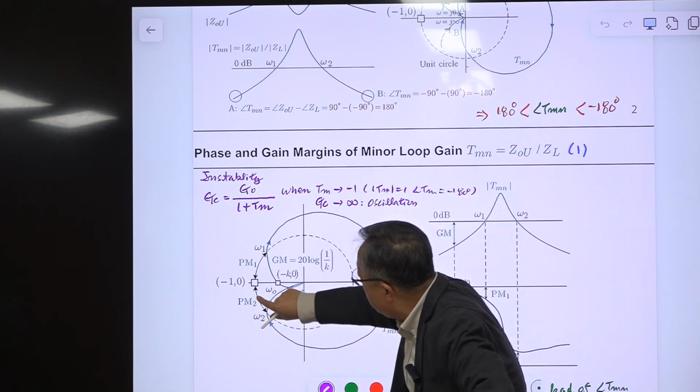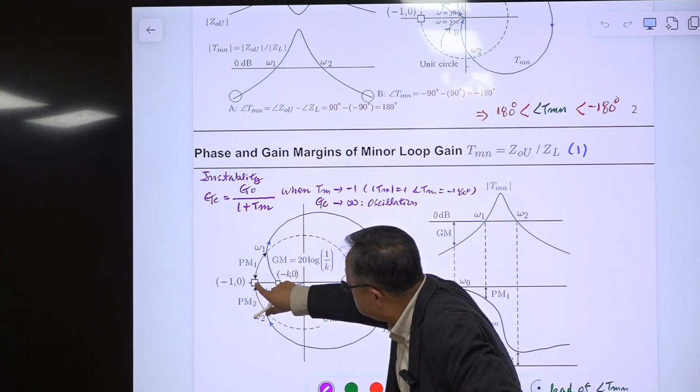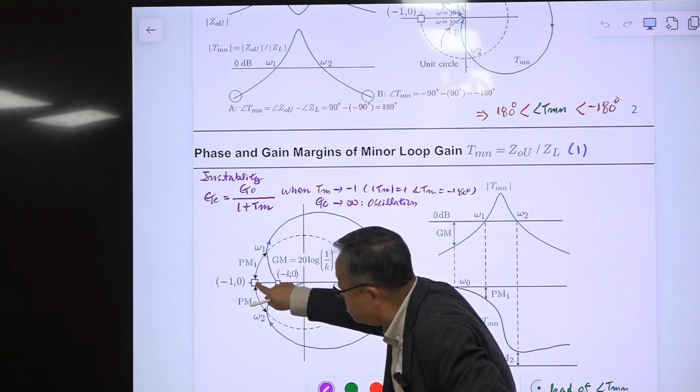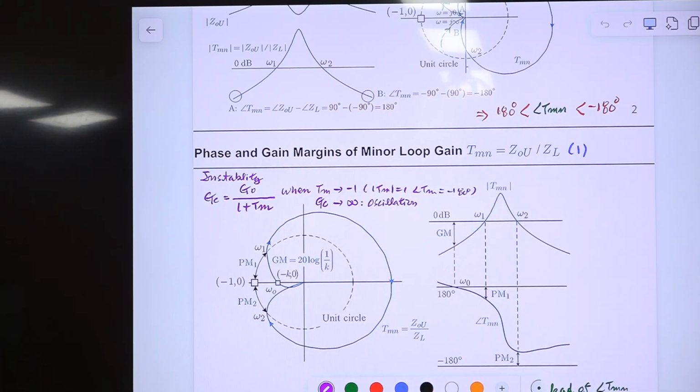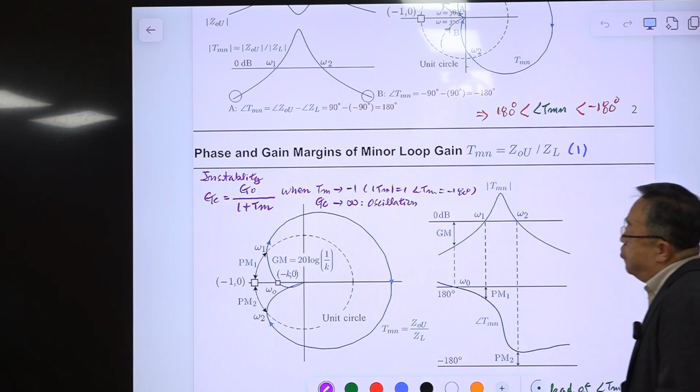If this one is rotating by this much degree, then it passes this critical point, then the system becomes marginally stable. It starts generating sustained oscillation. That is called what? Phase margin. Okay? There is one phase margin, and there is another phase margin.